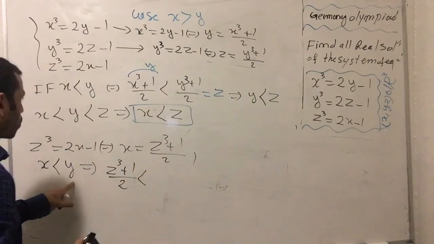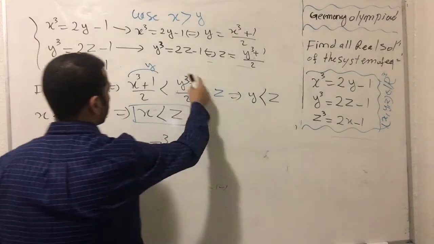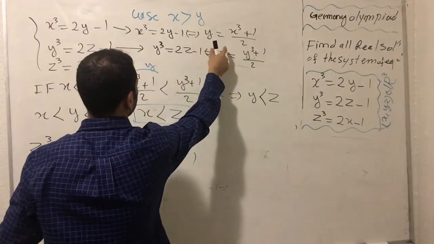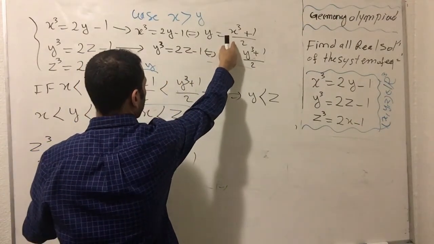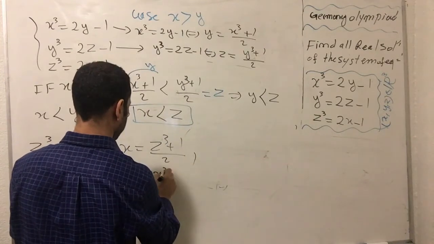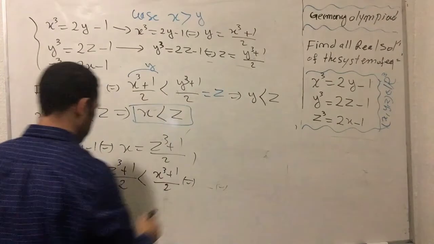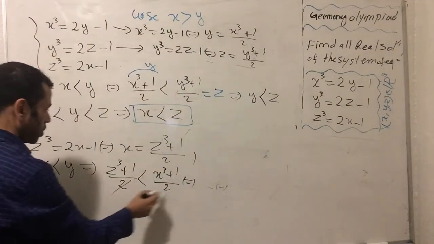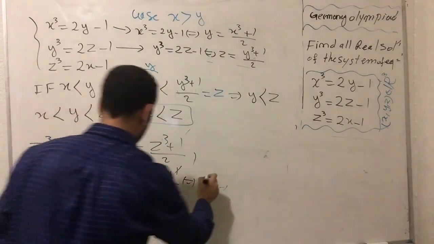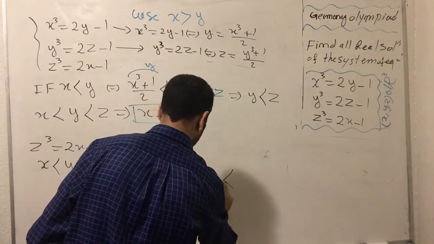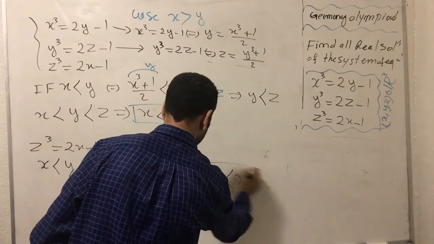I'm going to replace y with its value, x cubed plus 1 over 2, and simplify all these terms. I will have z strictly inferior to x.